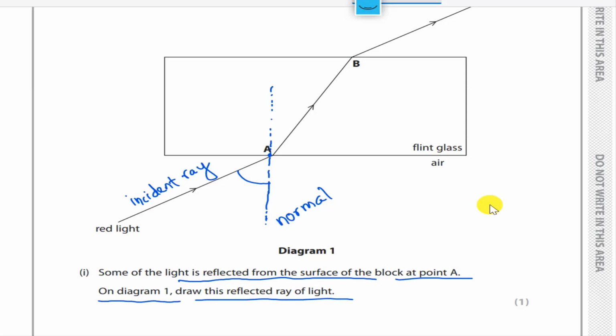Reflected ray: light reflects at the same angle. Here it is 60 degrees, so it is also 60 degrees. This is the reflected ray, and this is the refracted ray.